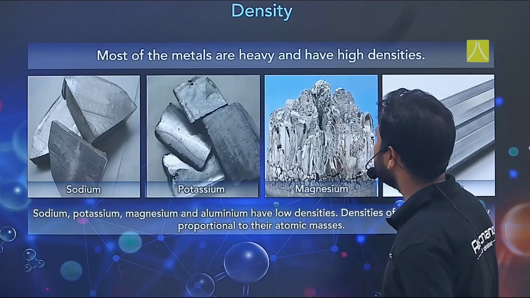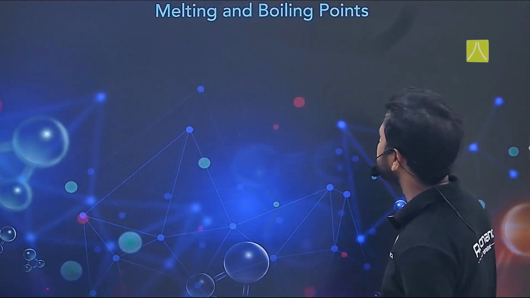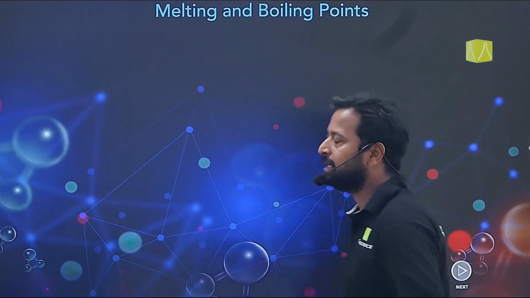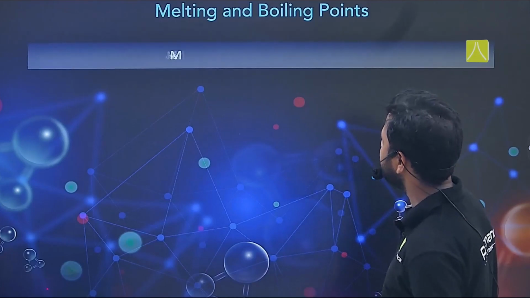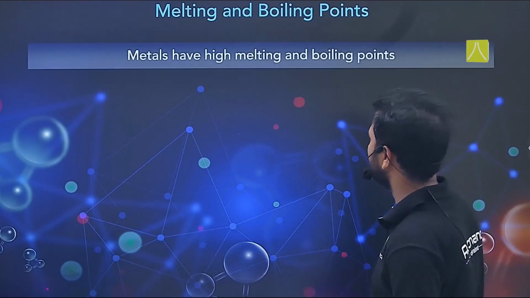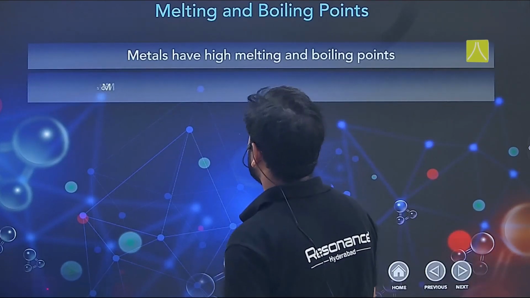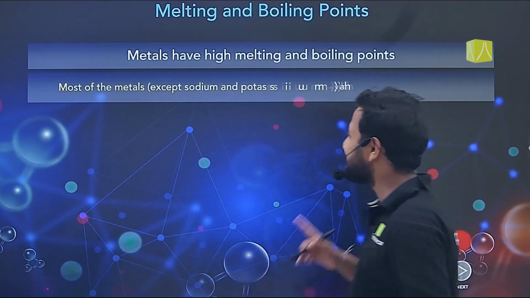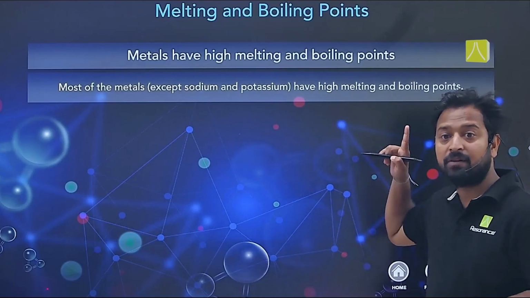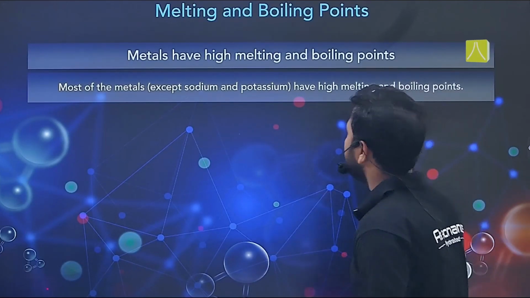Moving ahead, after density it is the melting and boiling point. Metals have high melting and boiling points. Most of the metals, except sodium and potassium, which were also exceptions while cutting, have high melting and boiling points.